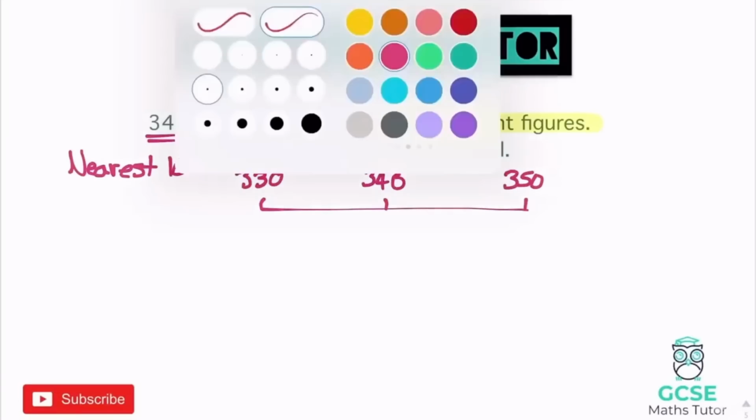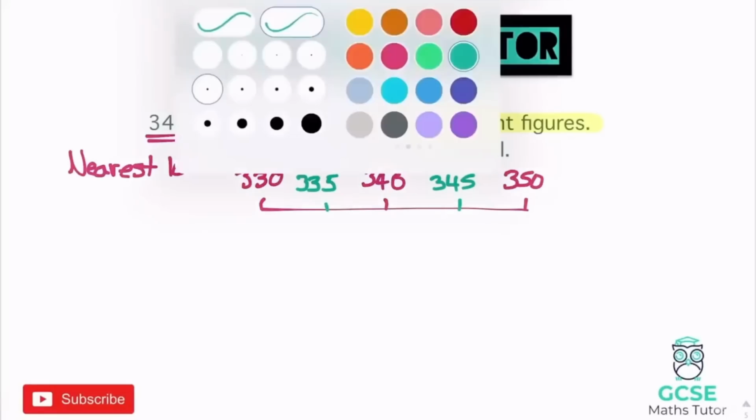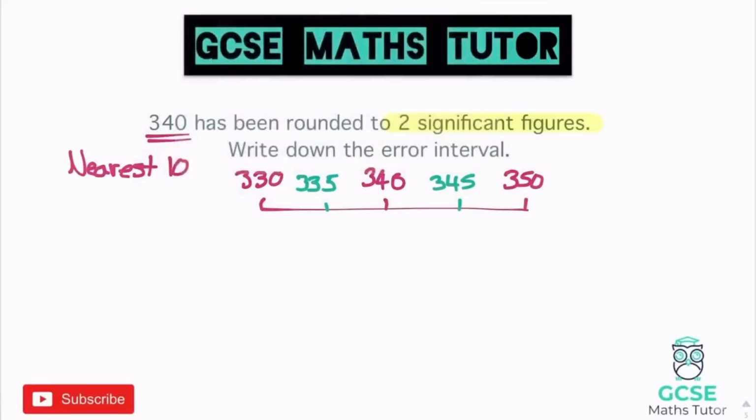And in between those, again for our lower bound and our upper bound, it'd be 335 in between 330 and 340, and it'd be 345 in between the upper bounds there, okay, the 340 and the 350. So in terms of actually getting these, that is our lower and upper bound there. We've got 335 and 345, but thinking about the little trick, if it's to the nearest 10, that means it could be 5 above and 5 below.